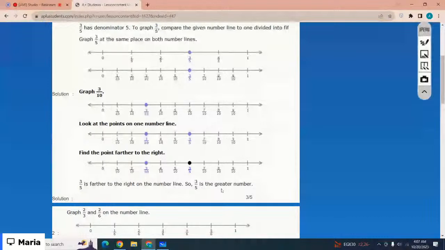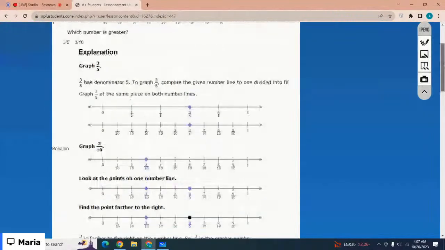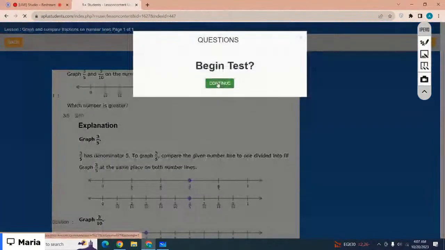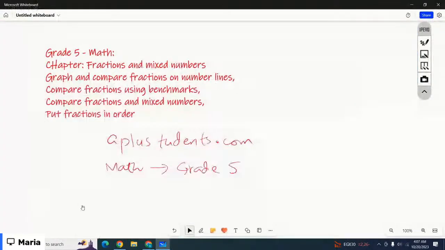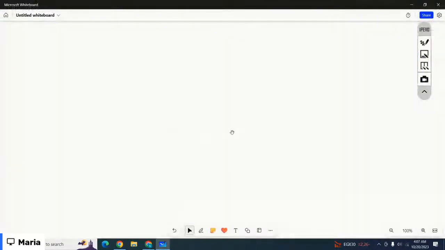Let me tell you an easy way to compare. This one is a bit difficult, so I will explain in an easy way. The same one, 3 by 5 and 3 by 10. You have to compare 3 by 5 and 3 by 10.